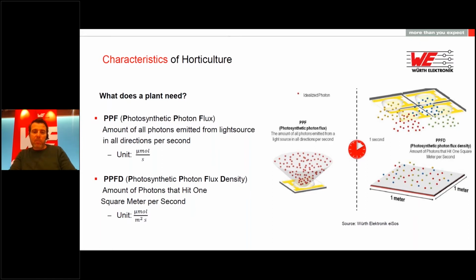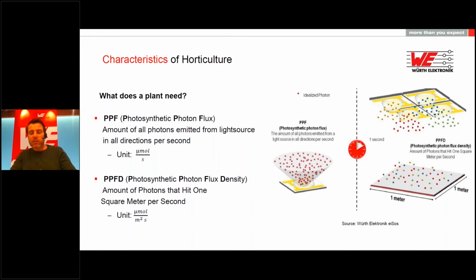How many photons per second is the PPF value, in micromoles per second. A micromole is a chemical value for the number of carriers, and per second is the typical output. This is the typical information that we can get from the LEDs to see if they're good for our plant, or how much plant energy they can bring.